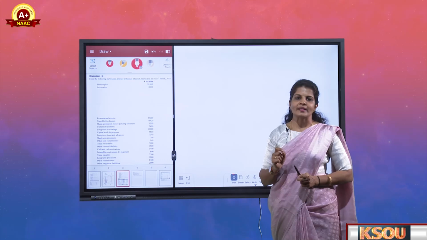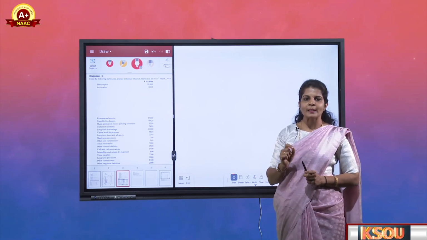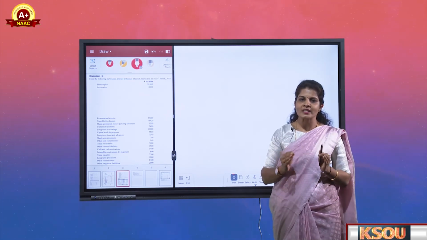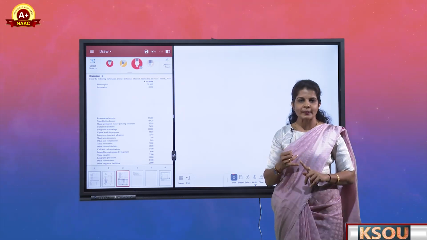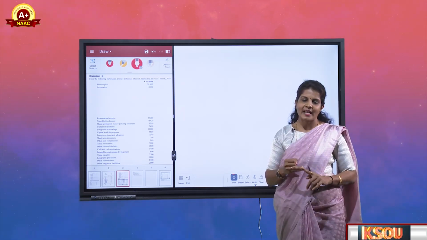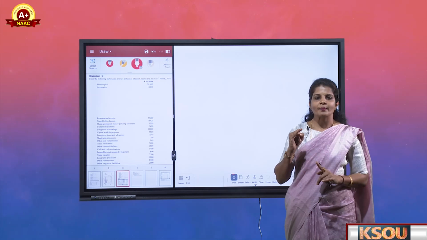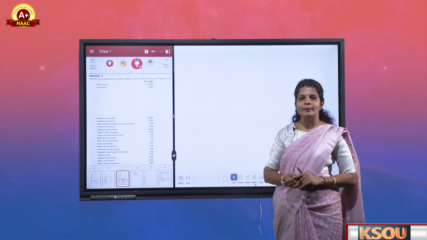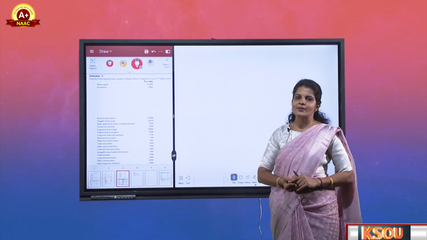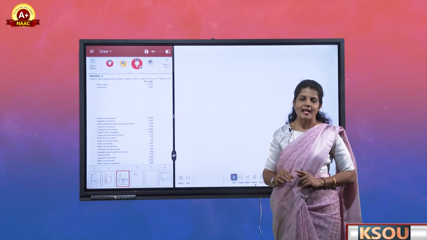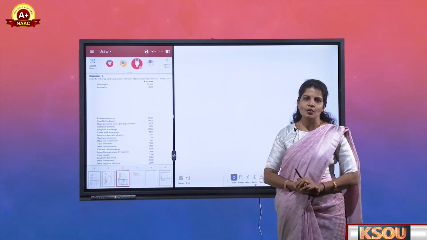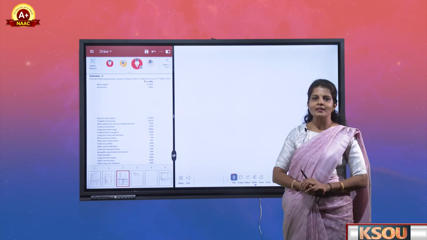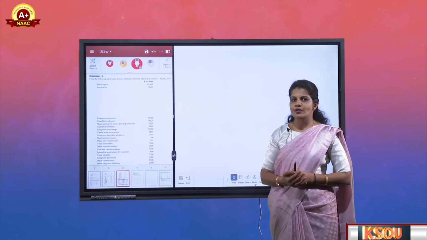Every business prepares financial statements to know mainly two things: the profitability position and the financial position. The statement of profit and loss shows the profitability position of the business, whereas the balance sheet helps the stakeholders know the financial position of the company.